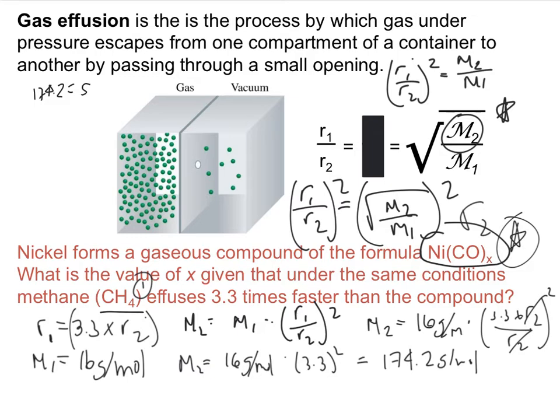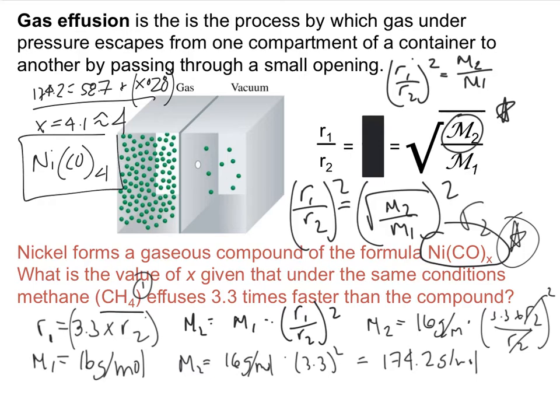We know the mass of nickel, and we only have one atom of that, and we add that to x times 28, which is the mass of carbon and oxygen combined. If we manipulate this and solve for x, that gives us 4.1, which is approximately equal to 4. So our x value is 4, and our NiCO complex has this formula. As you can see, we can get a lot of information from Graham's law here.